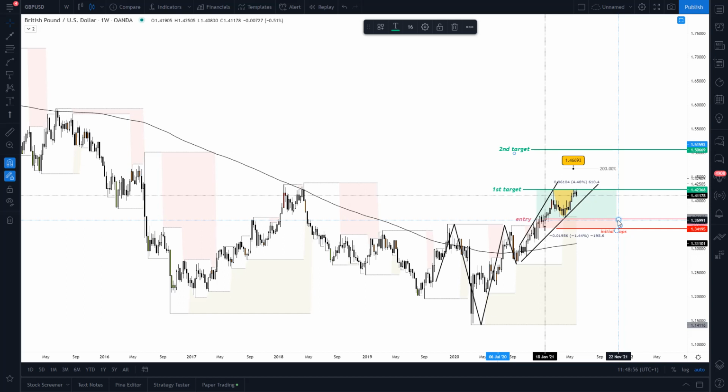I don't trade based on any type of algorithm or any type of software. I don't use any of those. I only use those patterns that I found inside the market.